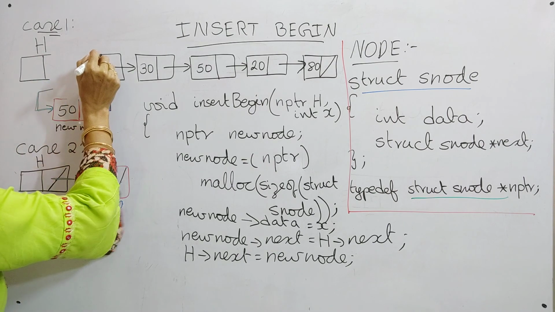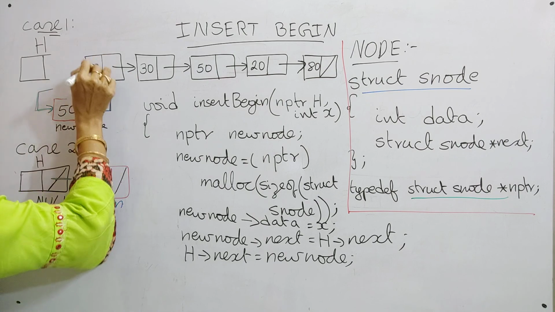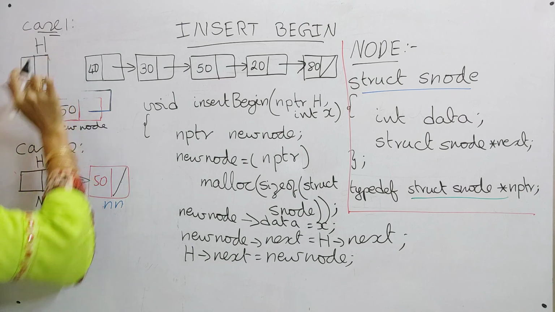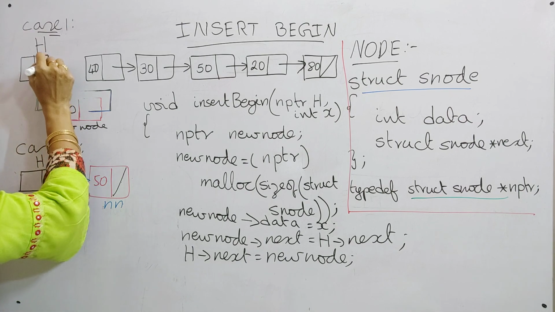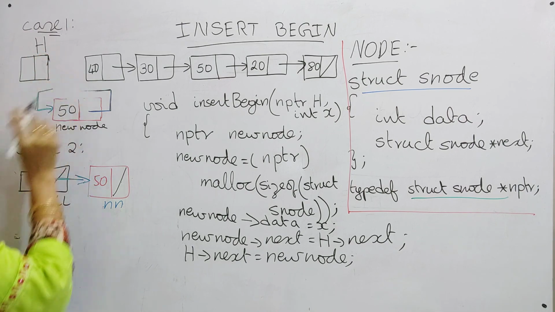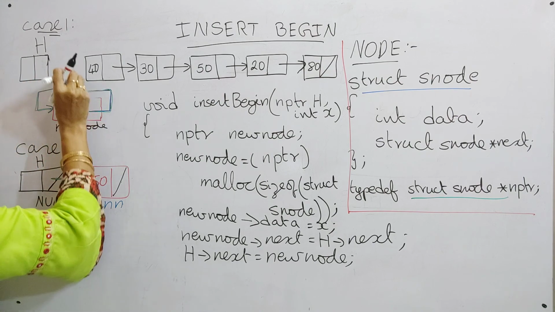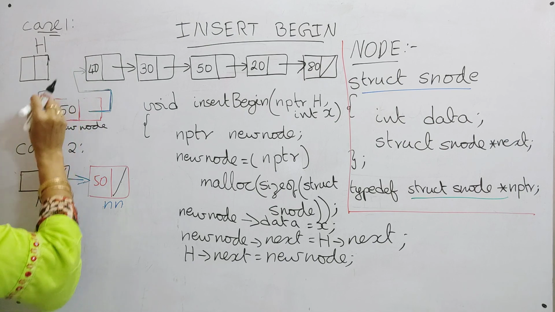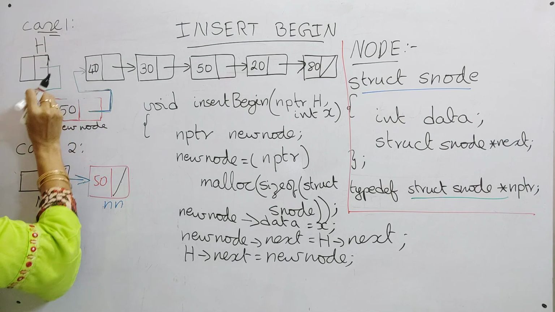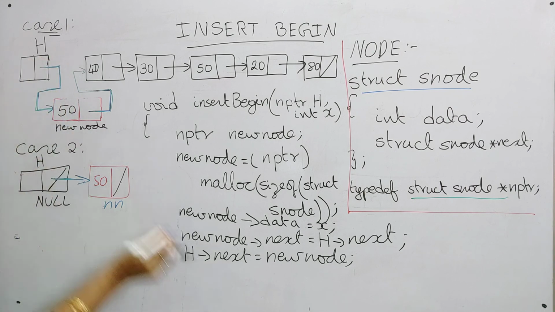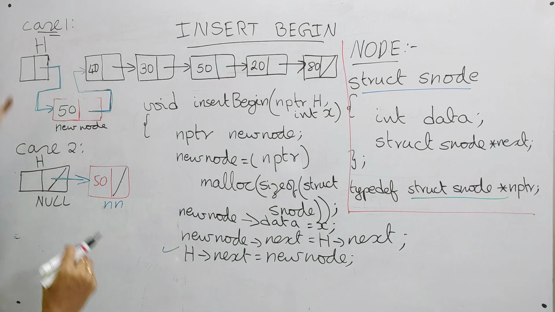So this is 40 and this is H, and here before we have this link. What has happened here? First of all, you have changed this one to this one, and next H next is modified to new node. So H next is equal to new node.